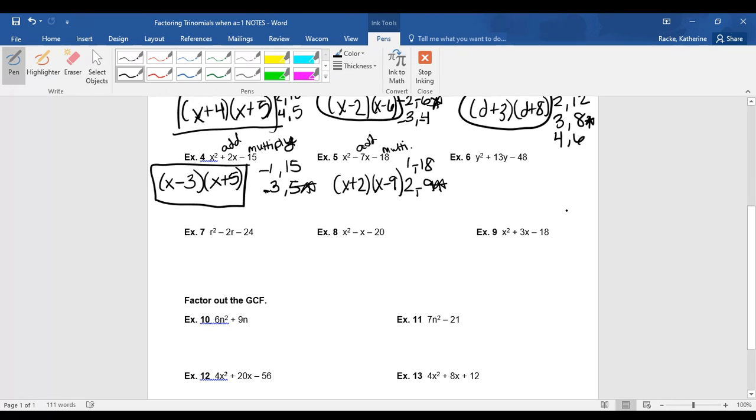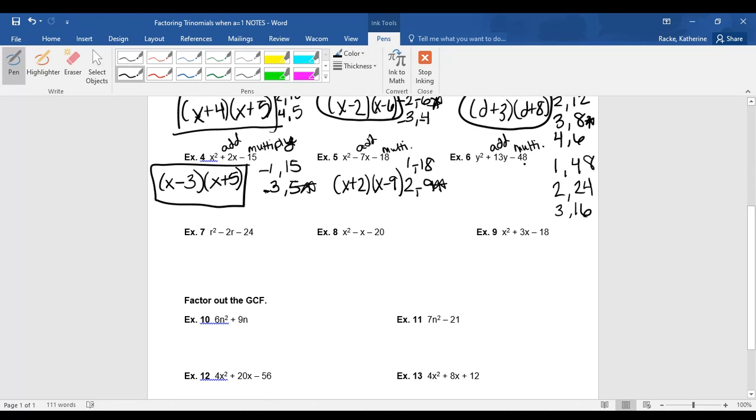All right, for the next one, two numbers that multiply to give us negative 48, but add to give us 13. You'll have to figure out what they all are. 1 and 48, 2 and 24, 3 and 16.